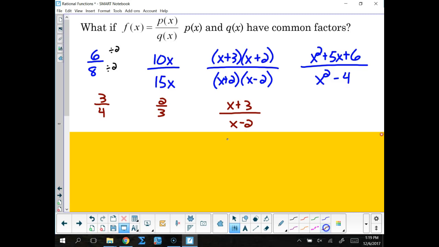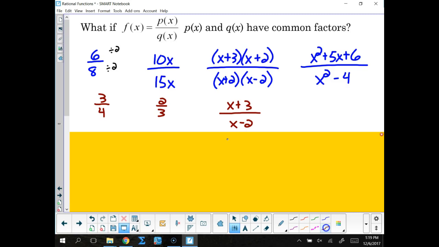What can I factor the top to be? X plus 3 and x plus 2. It's the one that we just did. So you factor it first, then you simplify it, then we go forward.